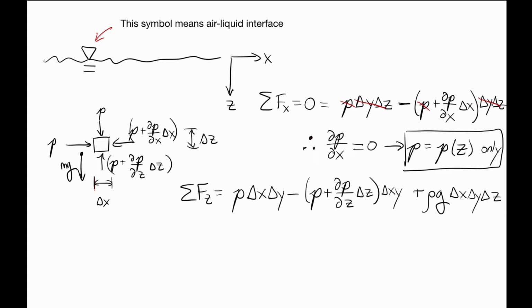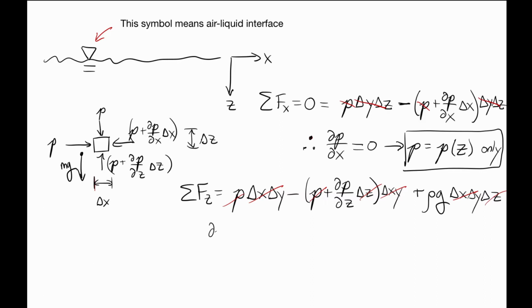If I take a close look at that, I'll circle this to make sure you keep track of the signs. Then, if I take a close look, I'll see that the delta x, delta y's cancel in each term. The p terms are in both terms, and then after I do that cancellation, the delta z's are in the two remaining terms.